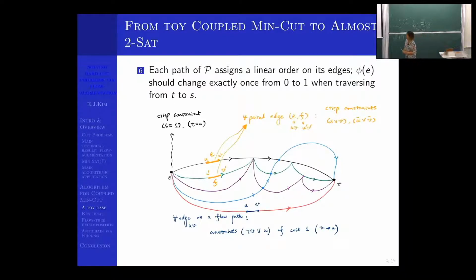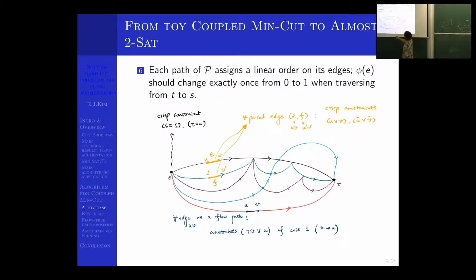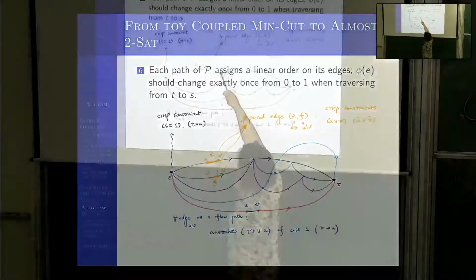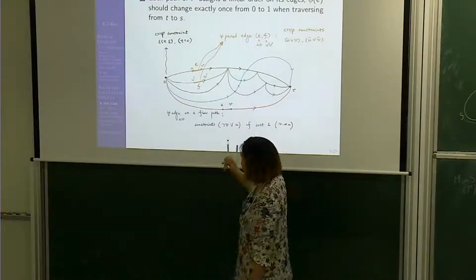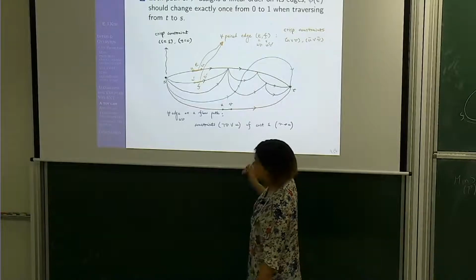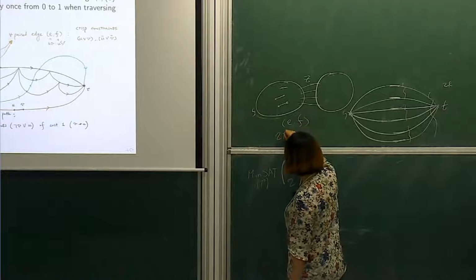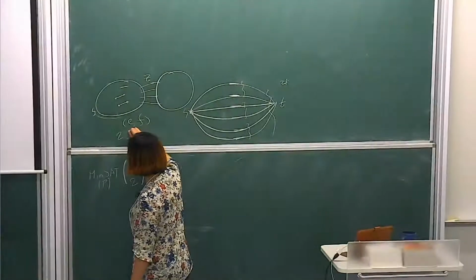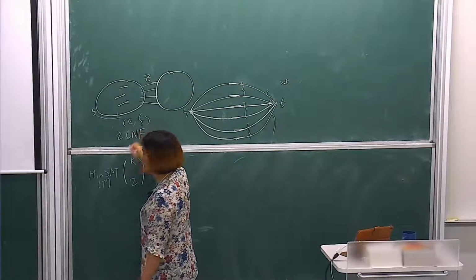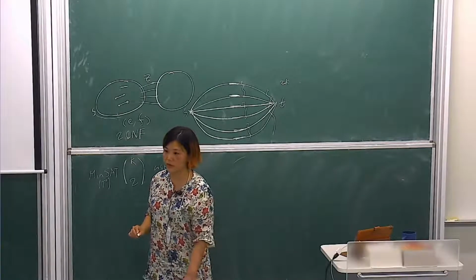So with this last condition, you can now represent this coupled min cut, this toy case, with a constraint satisfaction problem, and actually a very simple one, where you have a 2-CNF formula. I guess everyone knows what a 2-CNF formula is.